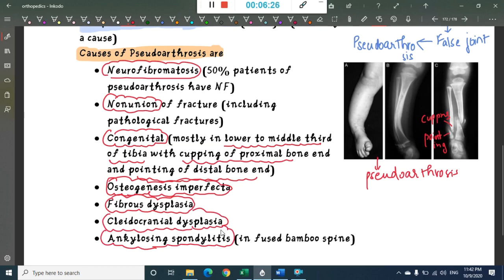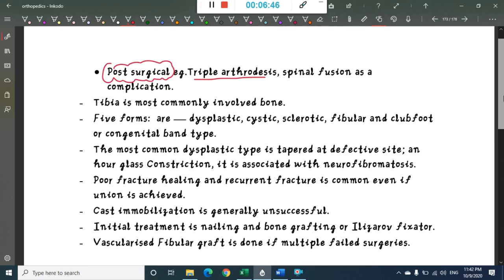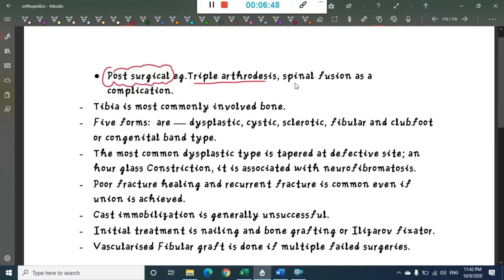Neurofibromatosis, non-union of bone, congenital pseudoarthrosis, osteogenesis imperfecta, fibrous dysplasia, cleidocranial dysplasia and ankylosing spondylitis. Then the other causes are post-surgical. In the post-surgical setting, most commonly it is seen in triple arthrodesis or spinal fusion as a complication.